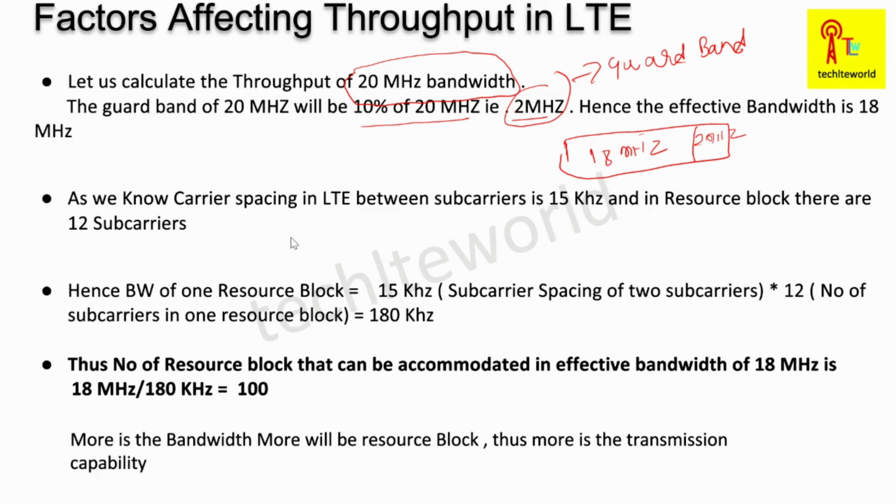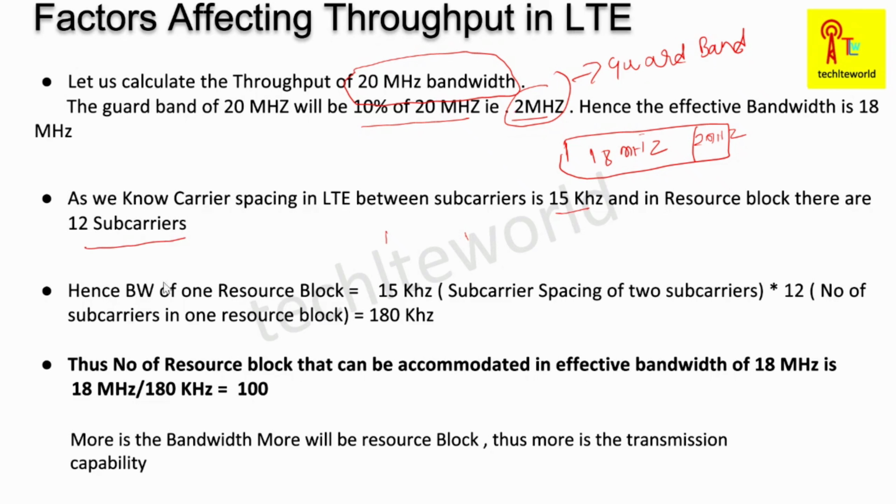And also we know that the carrier spacing in LTE is 15 kilohertz. That is, between any two subcarriers, the spacing is 15 kilohertz. Also, in a resource block, as we know, there are 12 subcarriers, right?